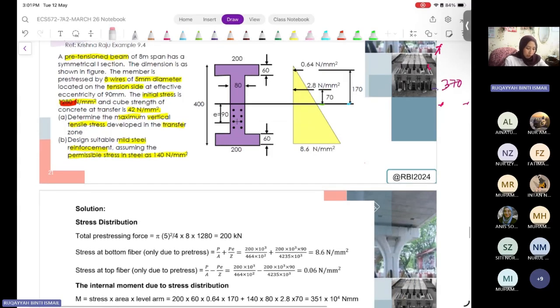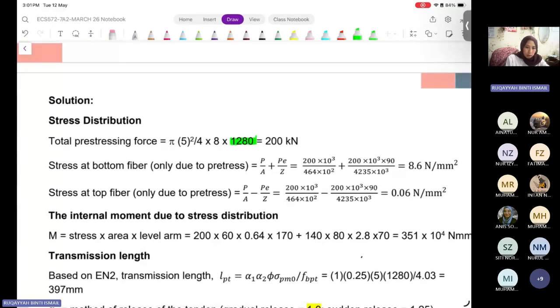So first of all, we need to calculate the pre-stressing force. For us to calculate the pre-stressing force, we can put in the value of your initial stress, which is given in the question. The initial stress is 1,280. Stress multiplied with the area gives you your force.